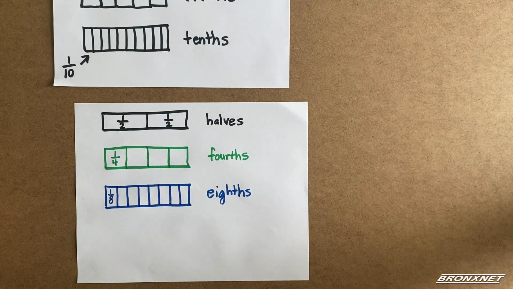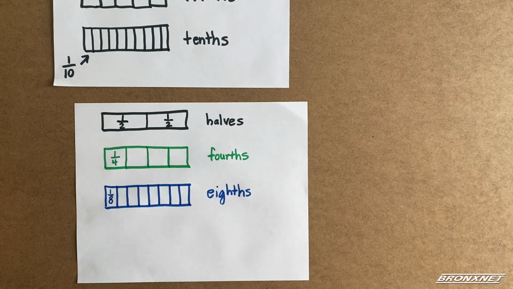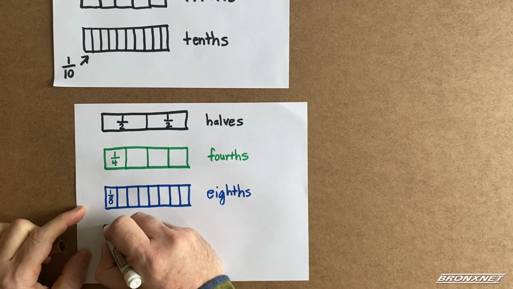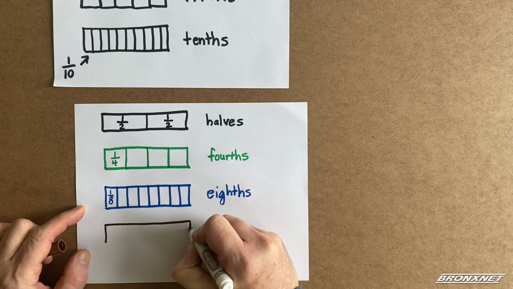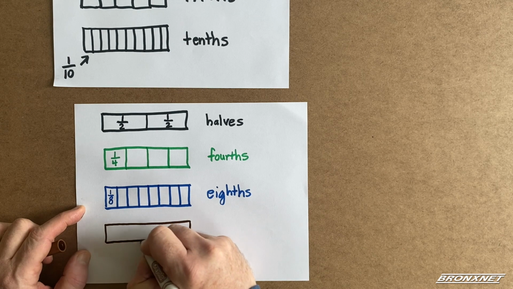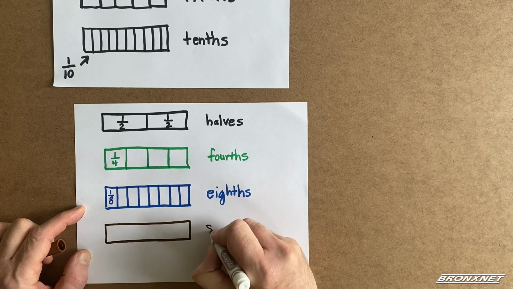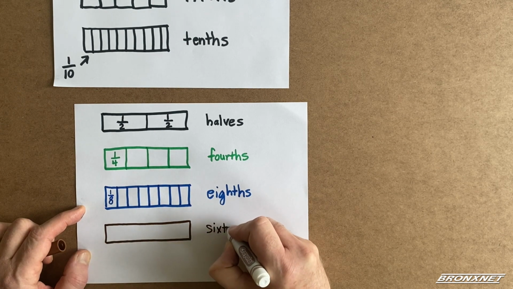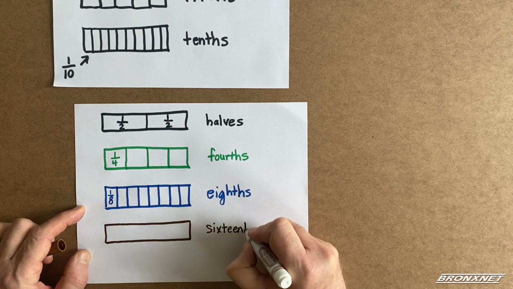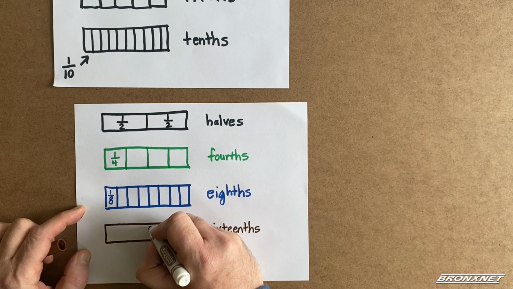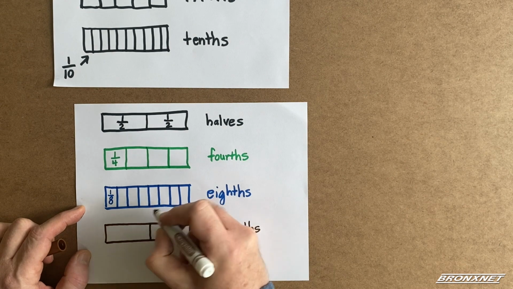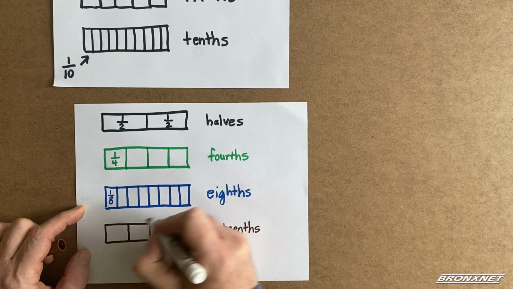If I needed to do 16ths, I think you can guess what I would do. Again, I'm going to start with the same length, a whole long rectangle. These are going to be 16ths. There's going to be 16 of them. Again, I'm going to do my best to copy what I did for the eighths.